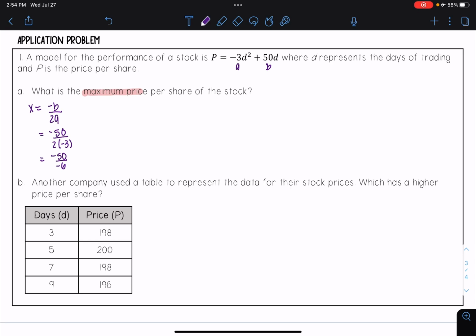And then when I go ahead and divide 50 and 6, I simplify that fraction to get x is equal to 25/3. And now I need to go ahead and find my y value there.